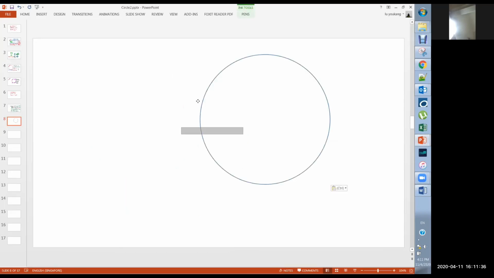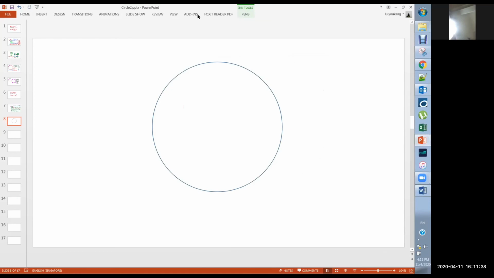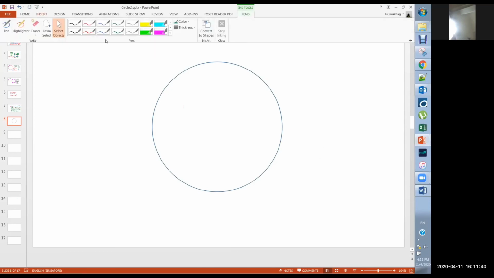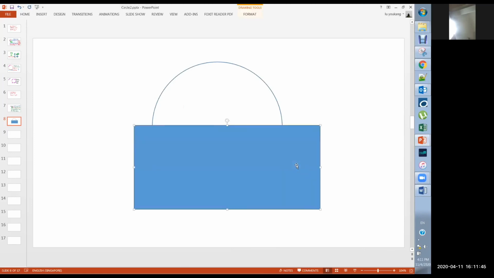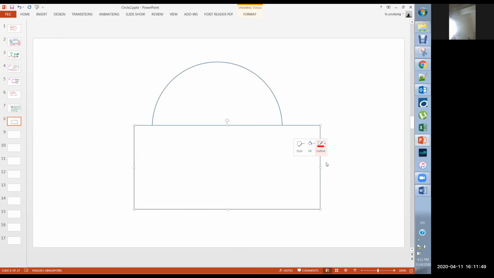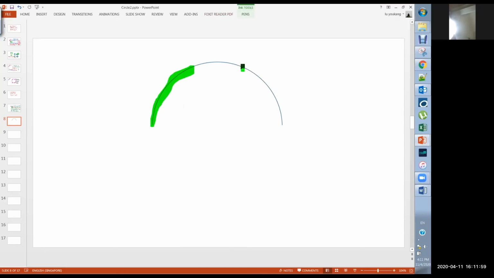This is your full circle. So how do you find the length of this thing? What do you think? How do you find the perimeter of your disk?